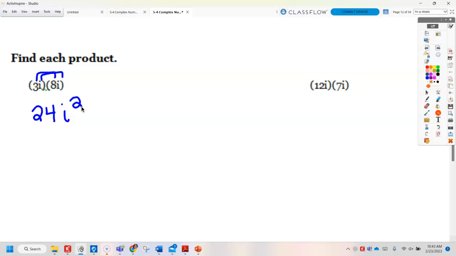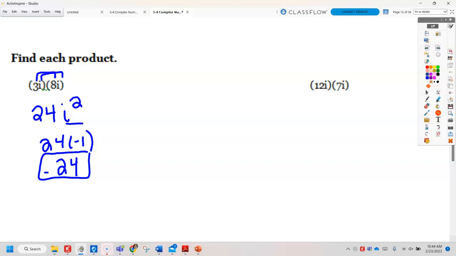i squared, according to our chart, is equal to -1. So you replace the i to a power with its value. So 3i times 8i is really 24i squared.